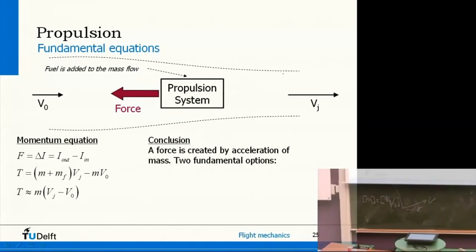I is the, well, maybe in Dutch you'd call it impulse, but in English it's the momentum. So it's mass flow multiplied with V. Momentum would be mass times V, and the derivative with time is then what you have here.